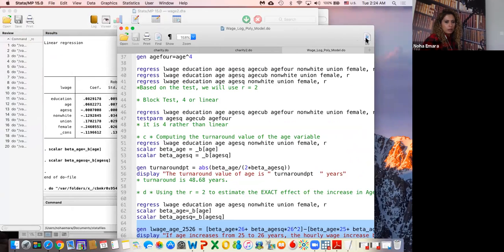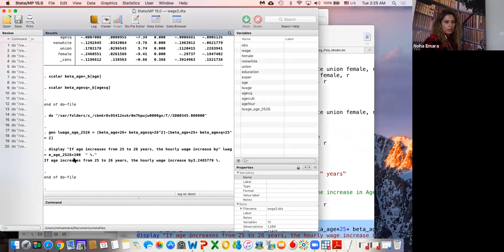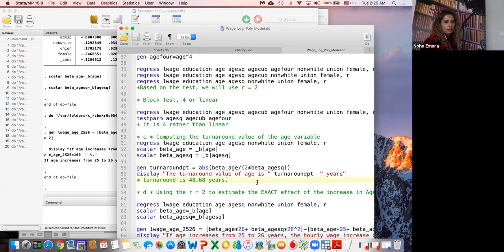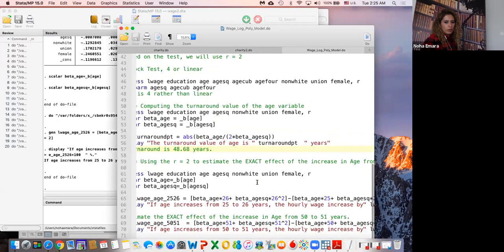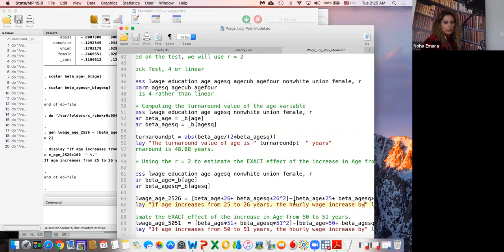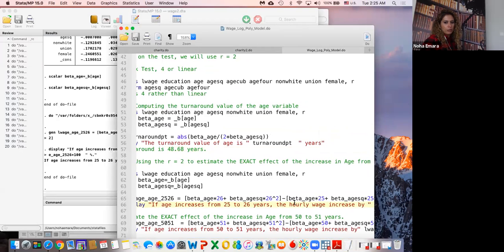If age increased from 25 to 26, hourly wage would increase by about 3.248, whatever this number is. Okay, you can approximate percent. You can see this part is so close. You can actually add a space here so that you have a nicer presentation, and the same goes here.